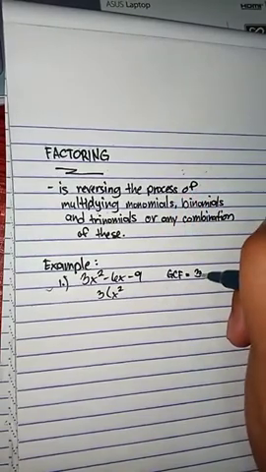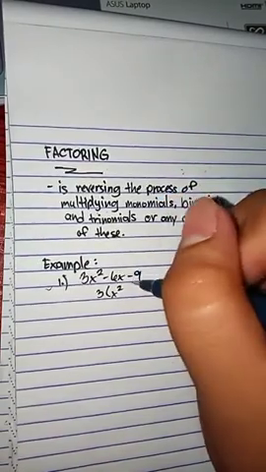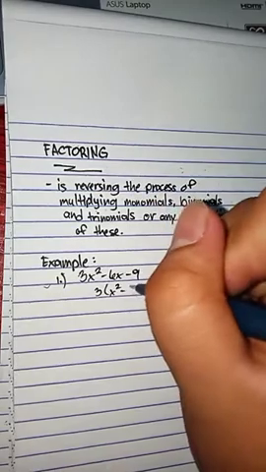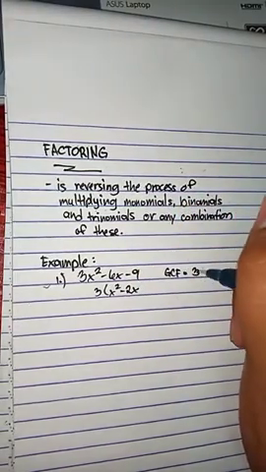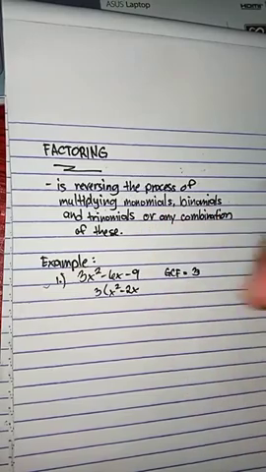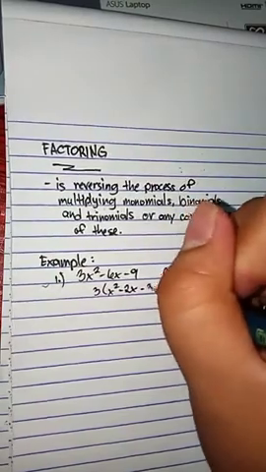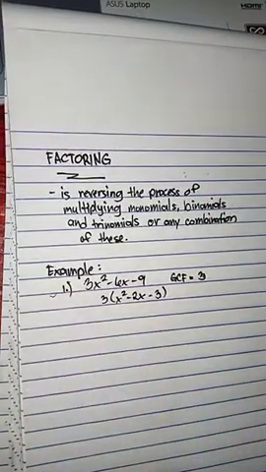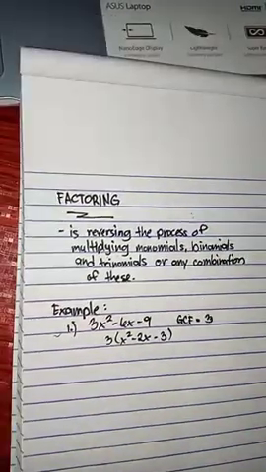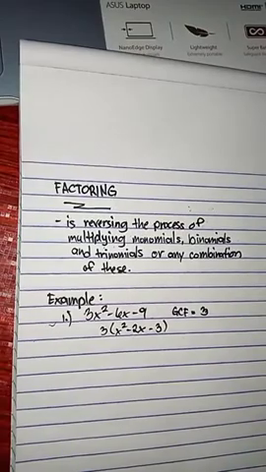Next, negative 6 divided by 3 is negative 2x, and last, negative 9 divided by 3 is negative 3. So this is our first step.